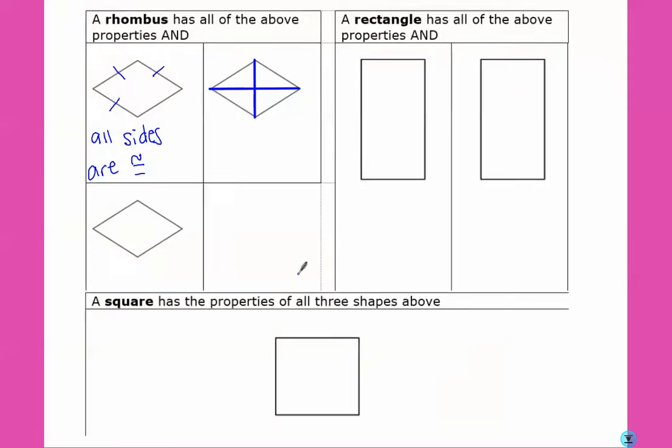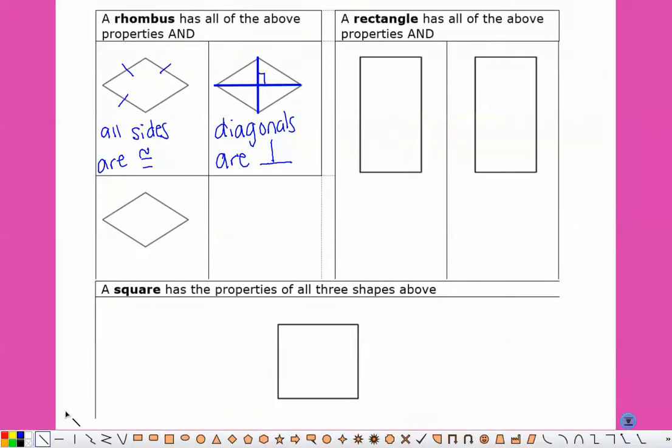If you notice how they intersect, it forms a 90-degree angle. The diagonals are perpendicular. And then we also know that the diagonals cut the angles in half.